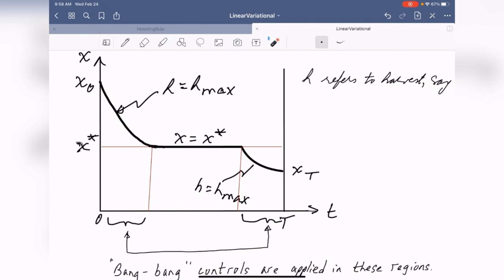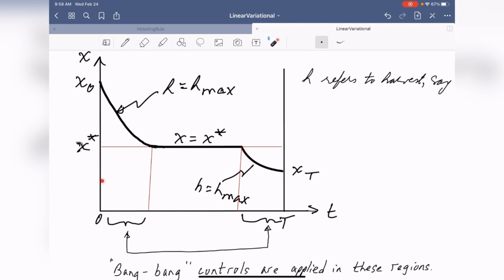Let's say that h refers to harvest. So we maximize harvest, so this is our b from up above, and this is our maximum harvest, and then we follow this path of x equal to x star where the harvest is at its optimal level, and then again we now drop, and this should be a minimum, not a maximum, and we end up going to xT.